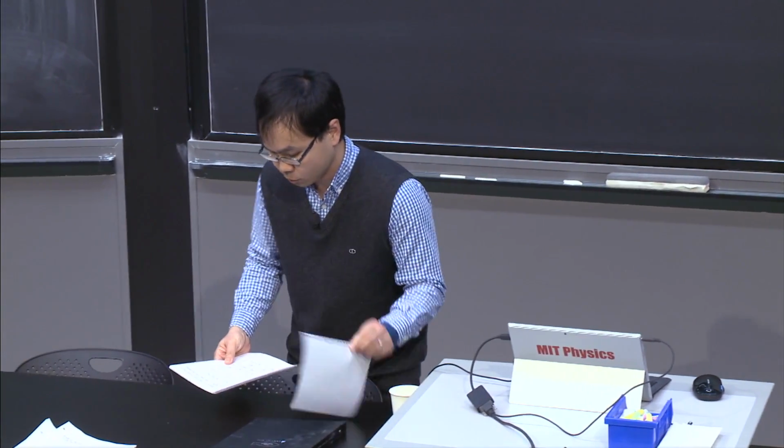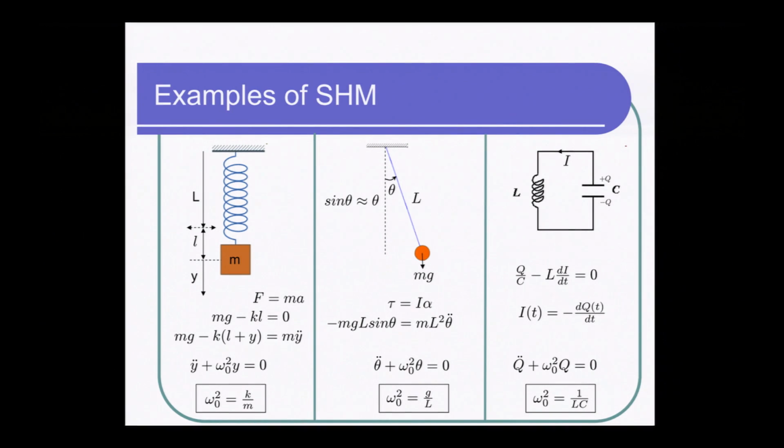So let's take a look at those examples. Those are examples of simple harmonic motions. And you can see that all the systems have one object which is oscillating. And you can see that their equations of motion are really similar to each other.